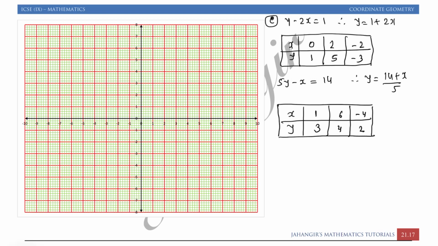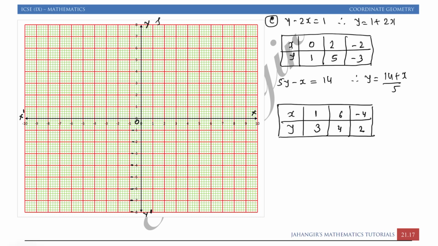So let us plot it all down. Before starting with graph, you have to make axis, x-axis, y-axis, x dash, y dash. This is the 0 point. Here I can write minus 1, minus 2, minus 3, minus 4, minus 5, minus 6, minus 7 and minus 8. Rest all are visible.